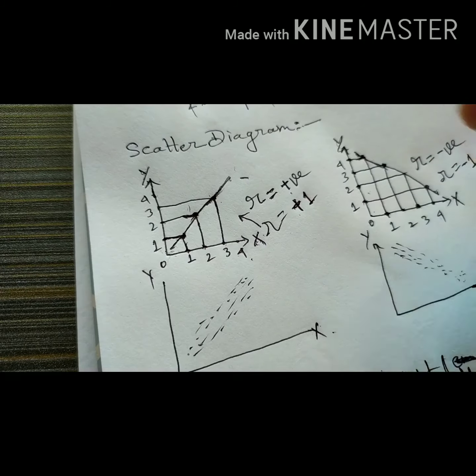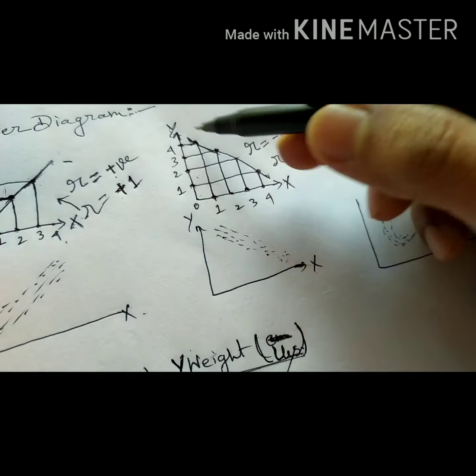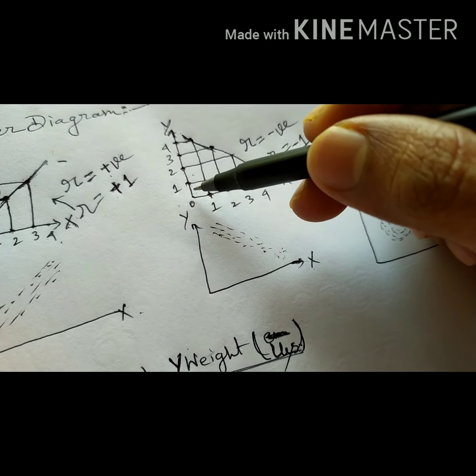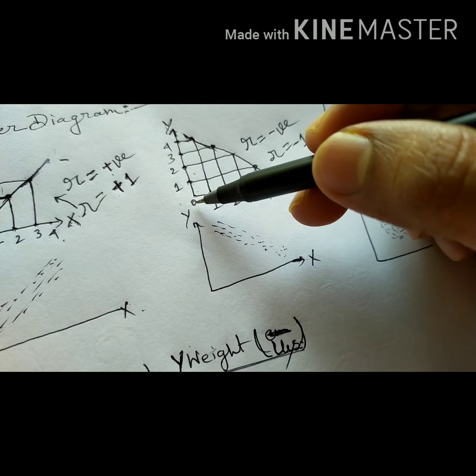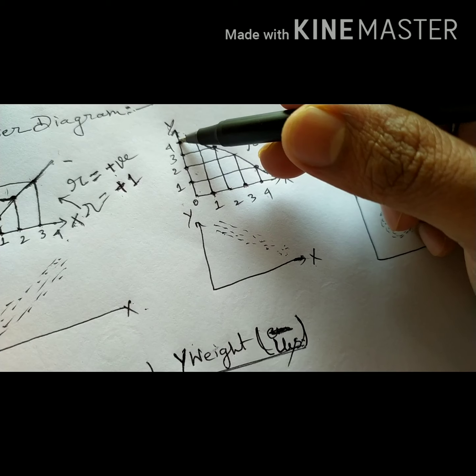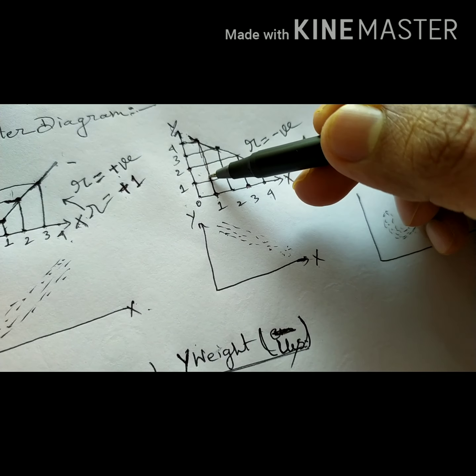The same way, in the next diagram, x is along the horizontal axis, y is along the vertical axis. When x is increased by 1 unit, at that time y is 4. The meeting point, or the intersection point, we have seen here.